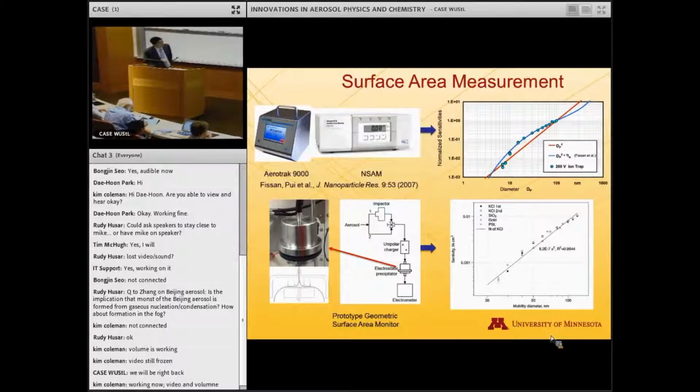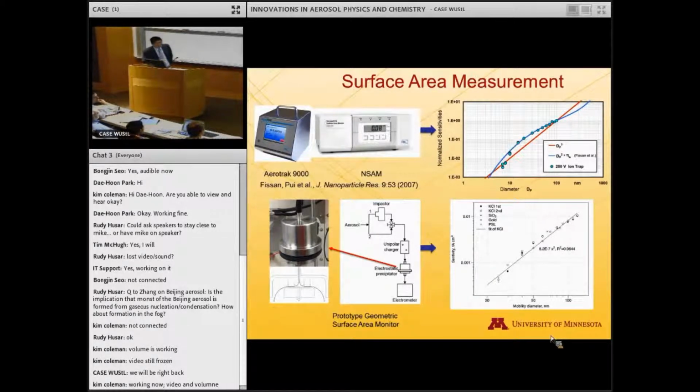This is the performance of the instrument. The red curve is for dp squared, the truly geometrical surface area. However, unipolar charging gives us a curve which is not a square relationship.